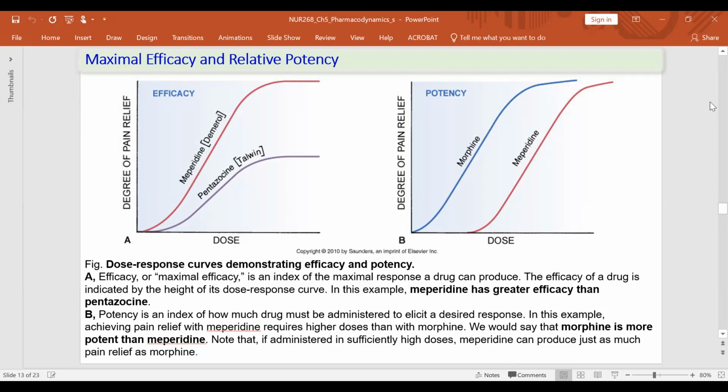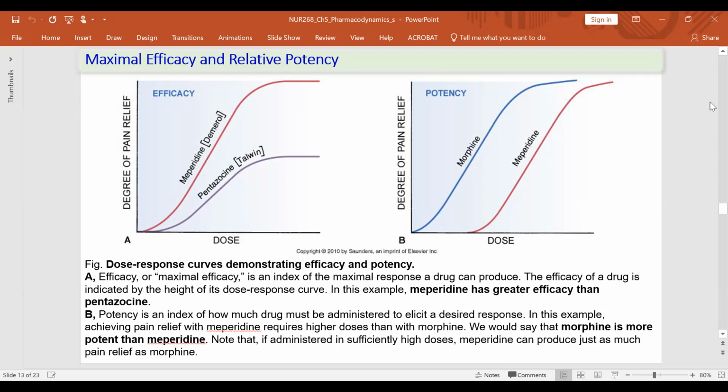Potency is the index of how much a drug must be administered to elicit the desired response. In this example, under B, you'll find that achieving pain relief with meperidine, also known as pethidine or Demerol, requires higher doses than with morphine.